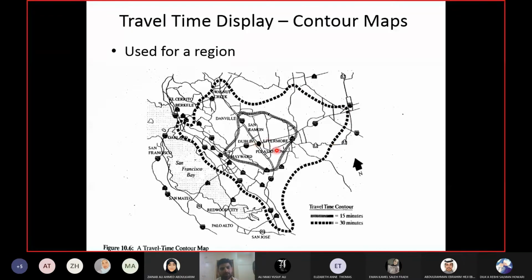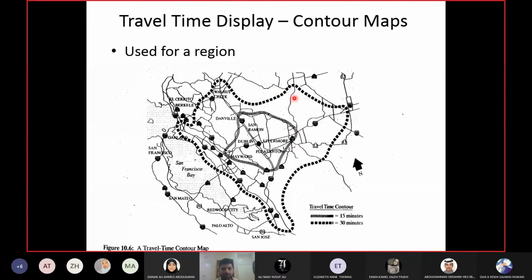Now, what we discussed in the previous lectures was doing a travel time study for a specific segment of the highway. A travel time contour map needs a more comprehensive, more detailed study, which is done for many highways. Obviously, you cannot prepare a contour map if you have just done the study on a few locations.